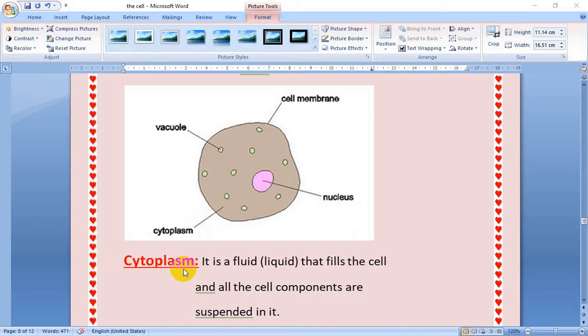All the biological operations of the cell occur in it. And we said before biological operations like nutrition, respiration, excretion.